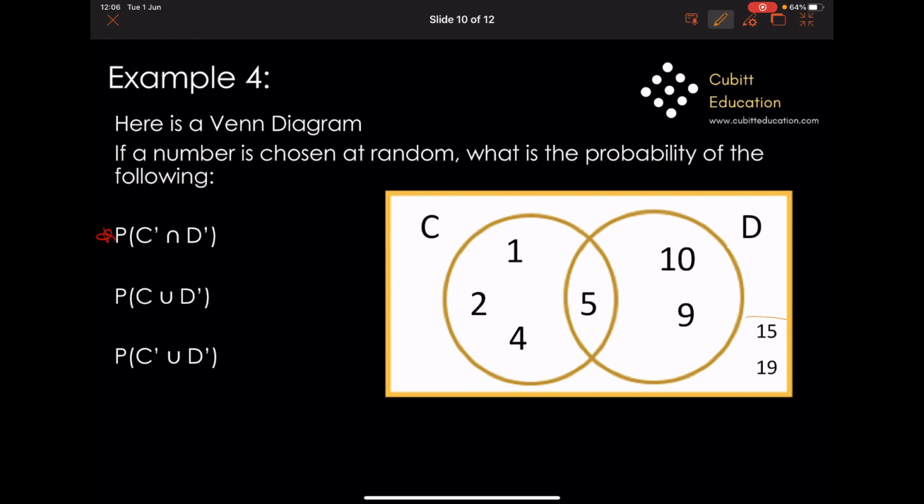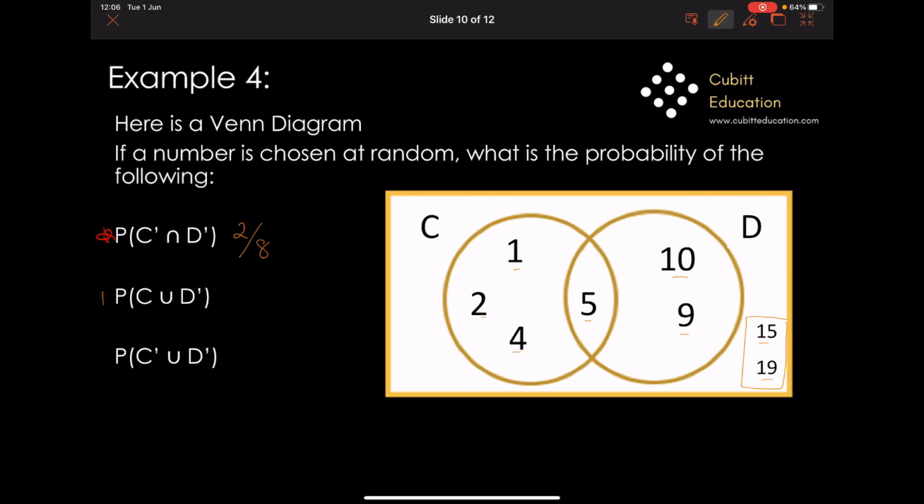It's only going to be these two numbers here. Altogether we've got 1, 2, 3, 4, 5, 6, 7, 8 numbers, and 2 of them are on the outside. So not C intersect not D would be the numbers on the outside, because we don't want any of C or D or the intersect.